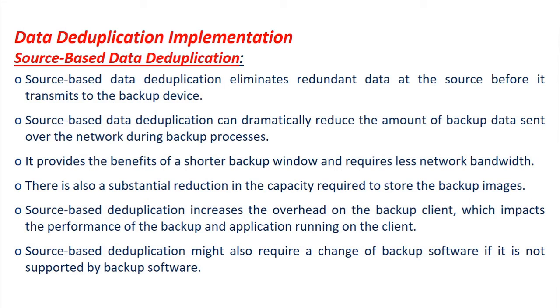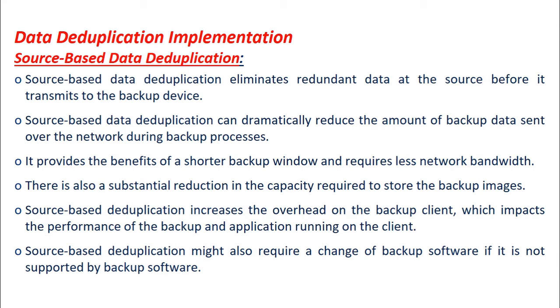Deduplication for backup can happen at the data source or at the backup target. So if it is done at the data source, we call it the source-based data deduplication. Let us see what is the source-based data deduplication. Source-based data deduplication eliminates redundant data at the source before it transmits to the backup device.